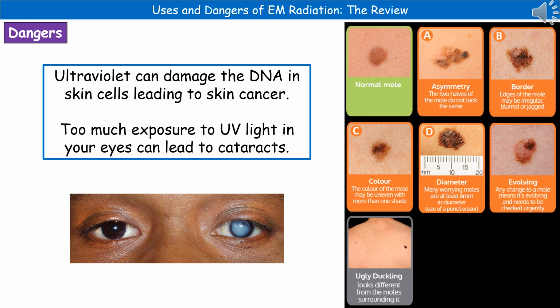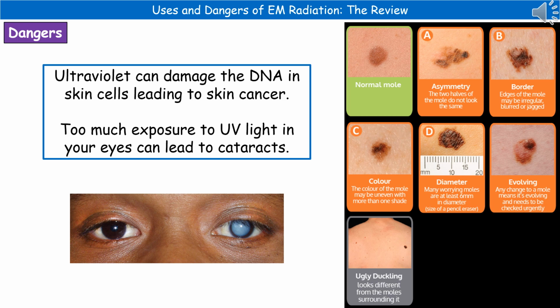Even though we've got a lot of uses and positives of electromagnetic radiation, there are also some dangers that we need to be aware of. So the first one is with ultraviolet. So we've said there's a really good use here, that it makes vitamin D in our body, but too much ultraviolet can actually damage the DNA in skin cells and lead to skin cancer.